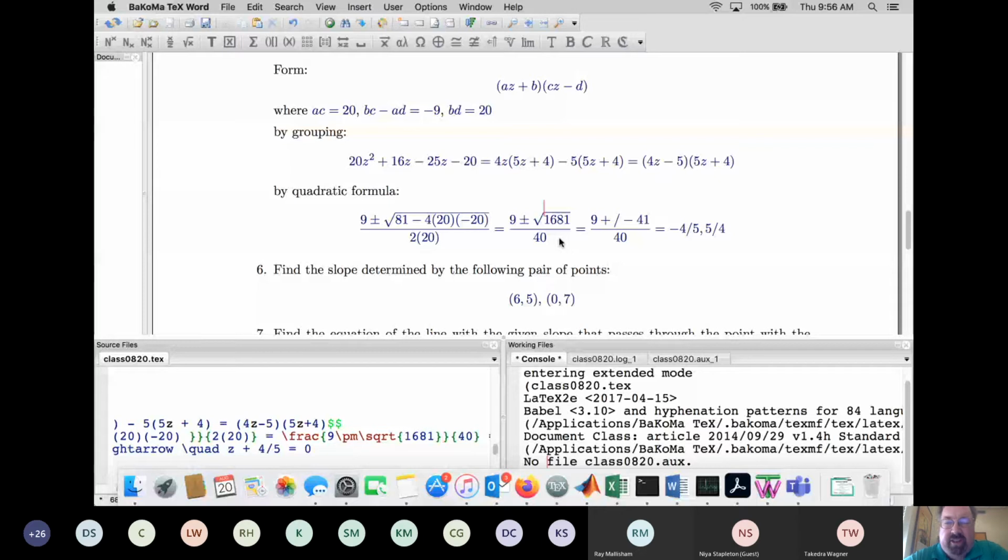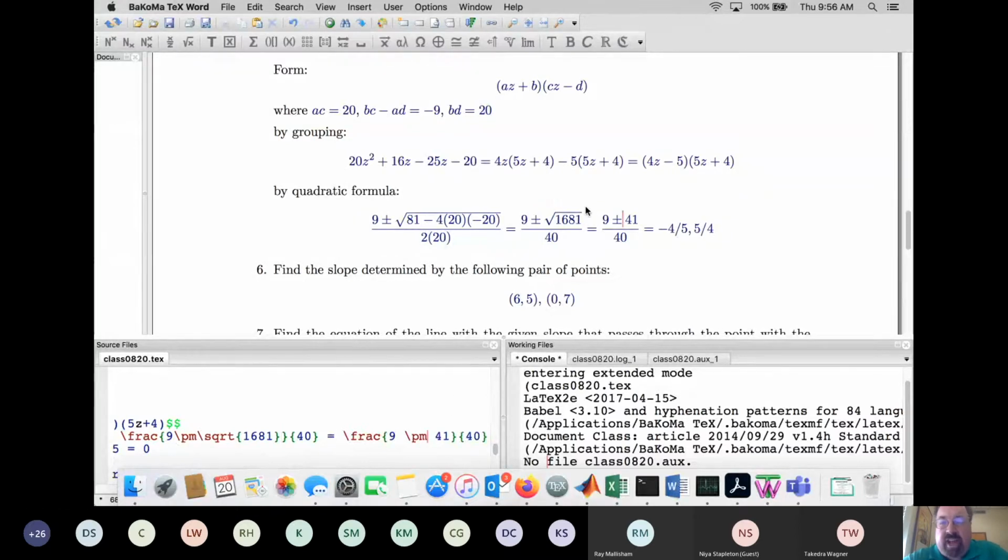Your calculator can tell you that. Okay, let me use a plus-minus symbol here. So we have 9 plus or minus 41 over 40. And when you work all that out and get everything in lowest terms, these are your two roots: minus 4/5 and 5/4. So that helps.